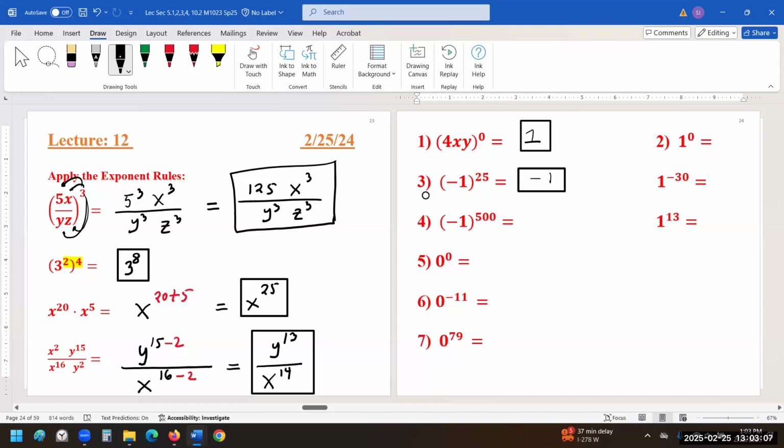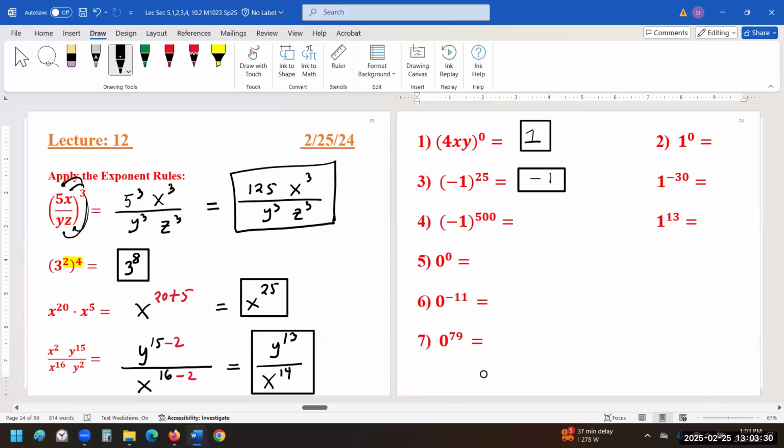So 500, is it even or odd? Even. So if you multiply -1 an even number of times, like 2, if you multiply -1 twice, what do you get? -1 or +1? -1 times -1 is +1.